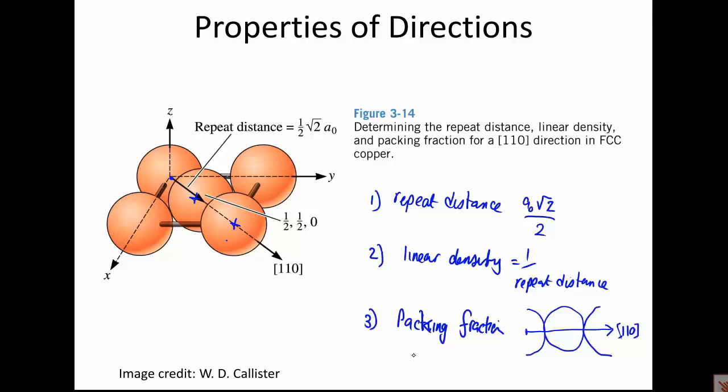We can see that there are no gaps in between, and the packing fraction is 100%, or 1.